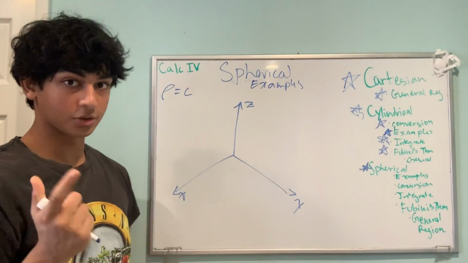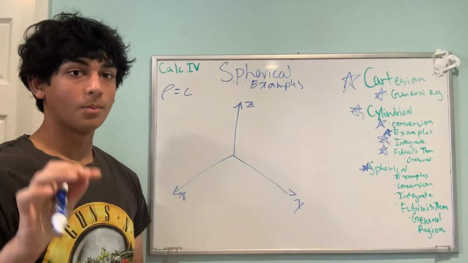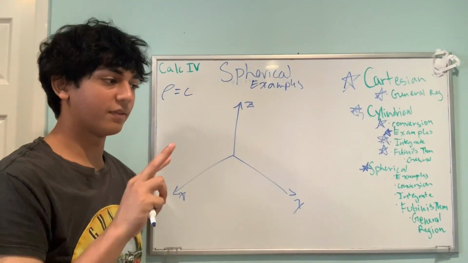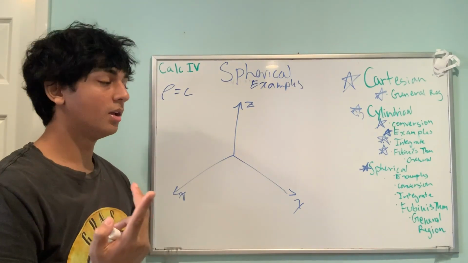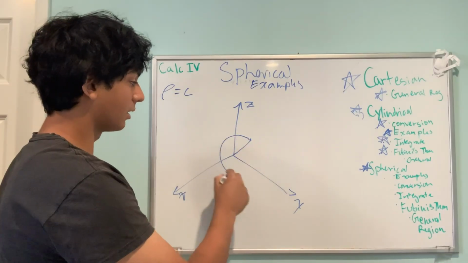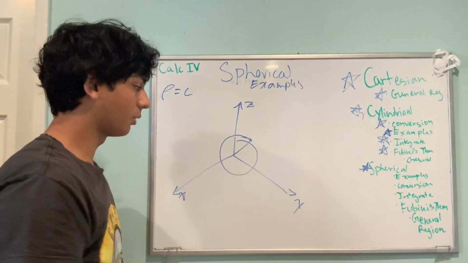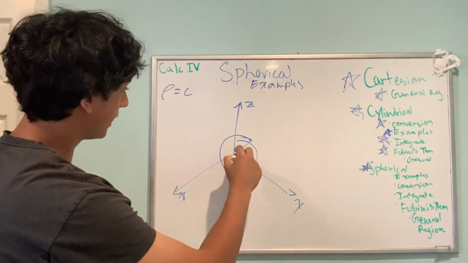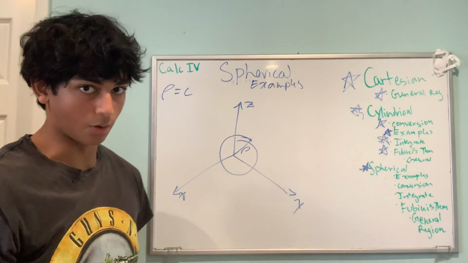Very important, three-dimensional space and not two-dimensional space. Remember, from two-dimensional space, if it's the same distance away, it would make a circle. But in three-dimensional space, we would basically have a sphere around it. This is a sphere around the origin of radius rho.